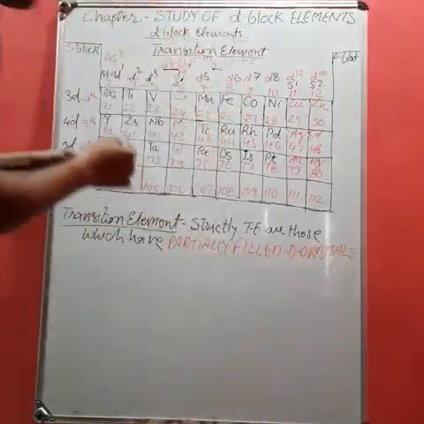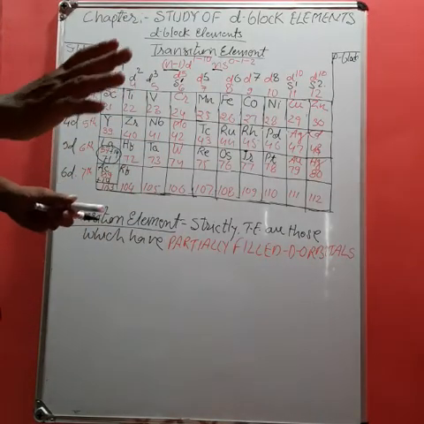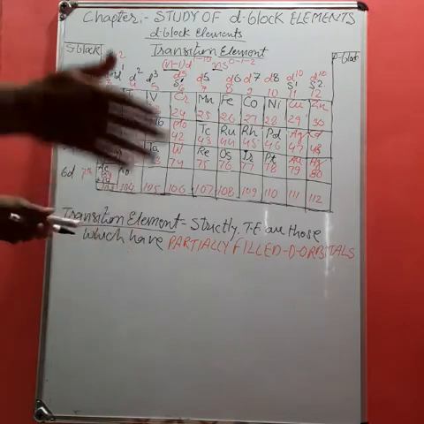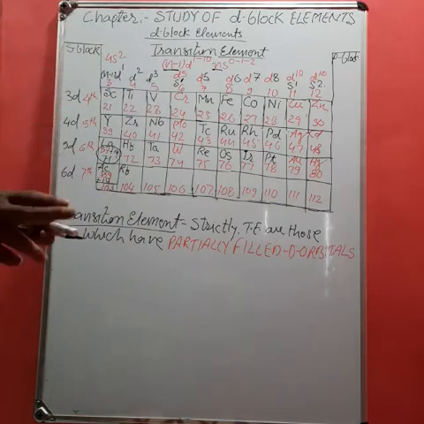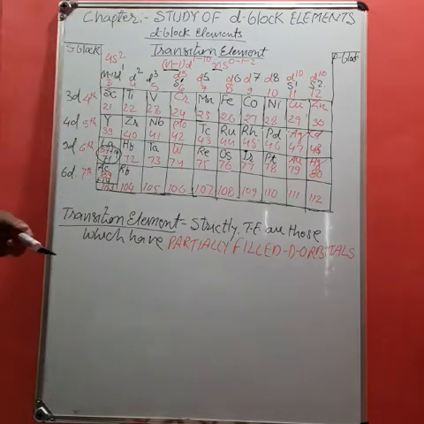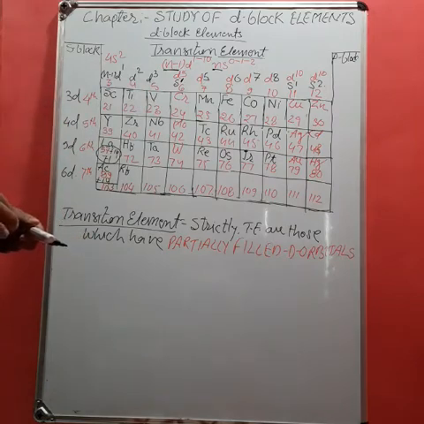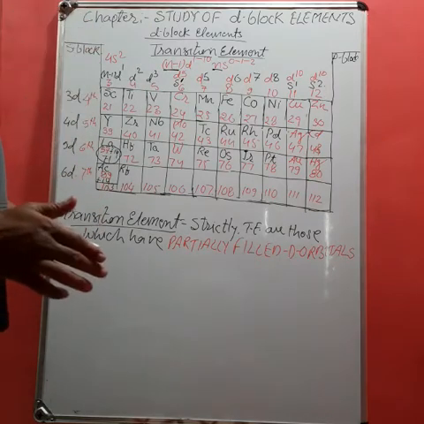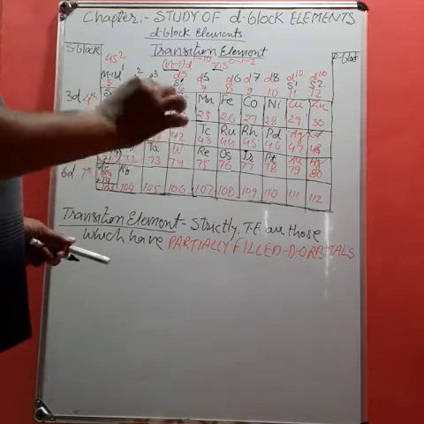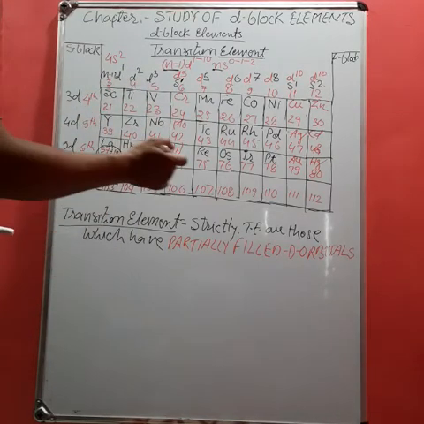Now, what is the meaning of partially filled? Actually, students, the d subshell has 5 orbitals. If in each orbital we fill 2 electrons, then there will be 10 electrons. This is called fully filled d orbitals. And partially filled means if 1 to 9 electrons are present in the d orbitals, then this is called partially filled d orbitals. So the definition is on the basis of it.